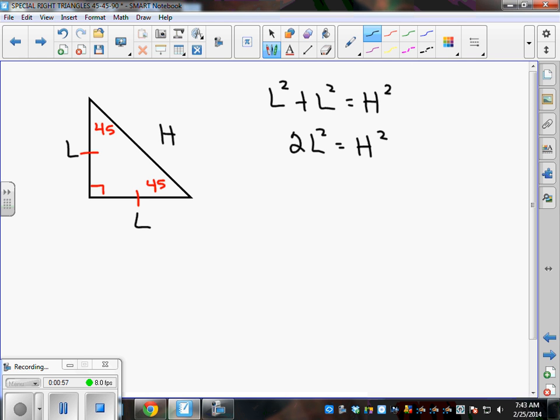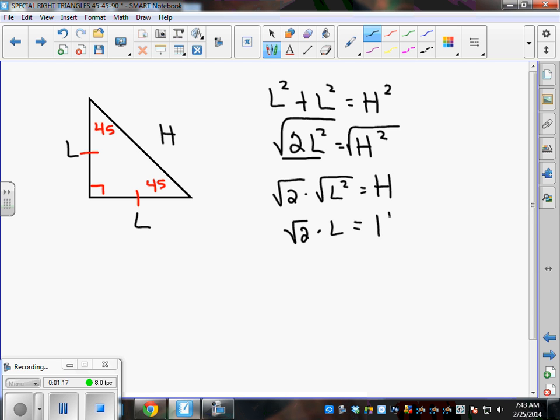Now, I can solve for h by taking the square root of both sides. I can break this up into the square root of 2 times the square root of L squared, and the square root of L squared is L. I now have my formula for how to get the hypotenuse.